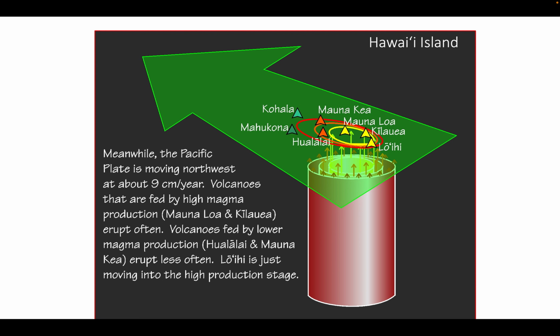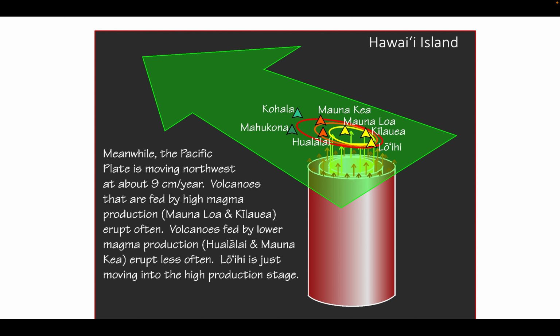If we look here in this image, we see that the various volcanoes on Hawaii Island are represented by triangles. The green arrow represents the movement of the Pacific Plate. The Pacific Plate is moving northwest at about 9 centimeters a year, so very slow. Volcanoes fed by high magma production, such as Mauna Loa and Kilauea, erupt often.